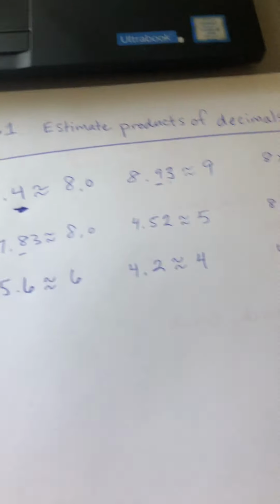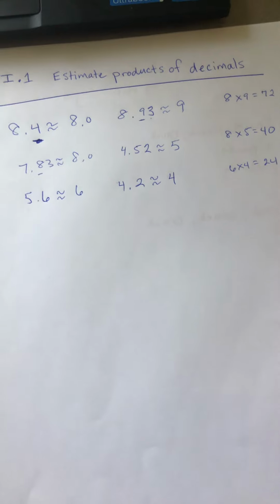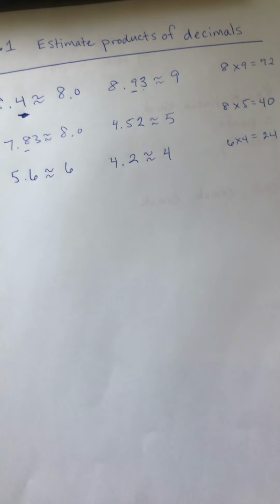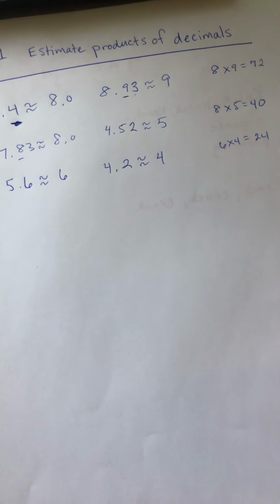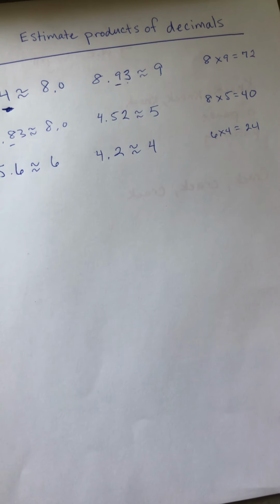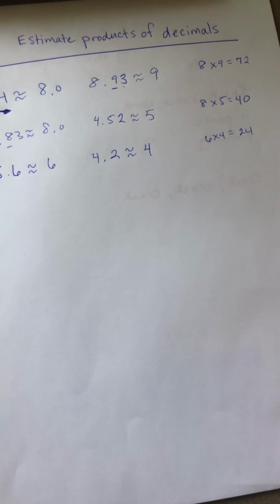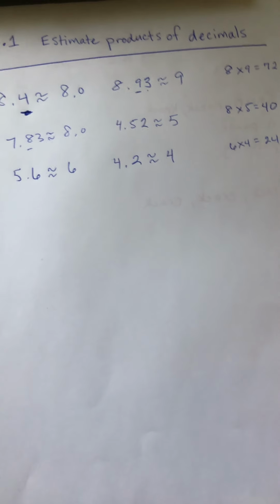So why do we do this? Well, it's always important to know how to estimate any kinds of operations, because in your mind, it helps you understand whether the outcome is reasonable.